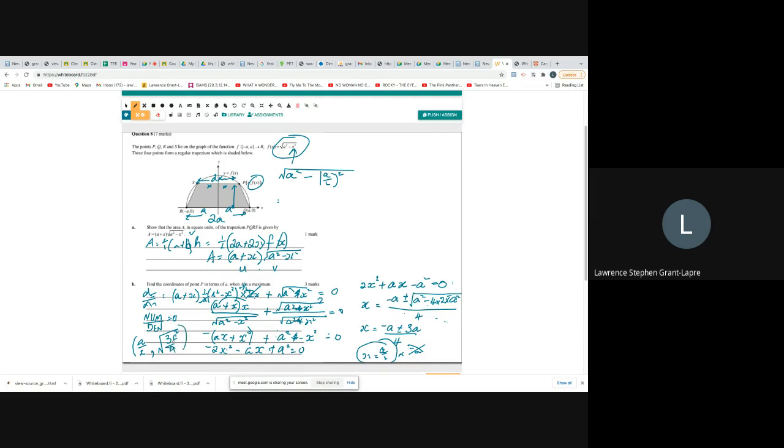The square root of 3 is root 3, square root of a squared is a, square root of 4 is 2. So we're looking at an ultimate answer of P is the point a over 2, with root 3 a over 2. And there's our point P.